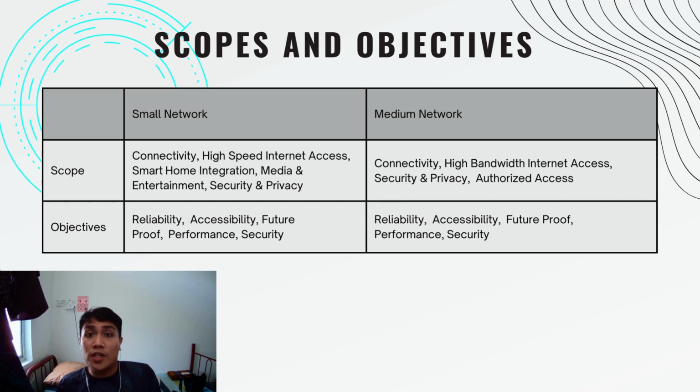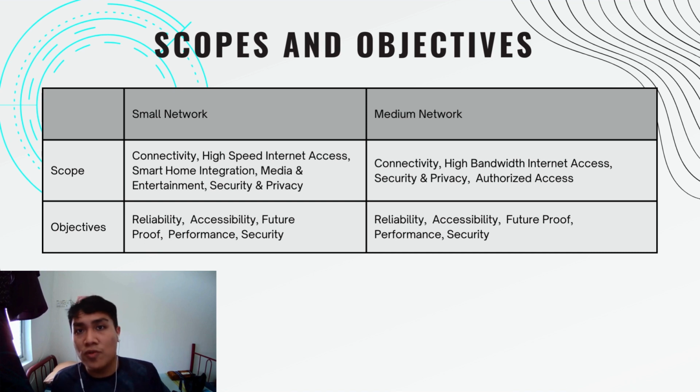Okay. And the objectives for small network are reliability, accessibility, future-proof performance, and security. What I want to touch on here is future-proof, because when people design or want a network connection in their home, they don't just tend to use it for a year or so. They tend to use it for as long as the system or the hardware could support it.